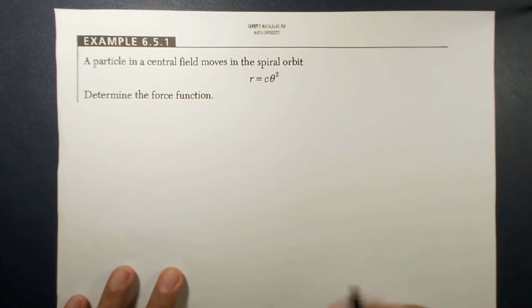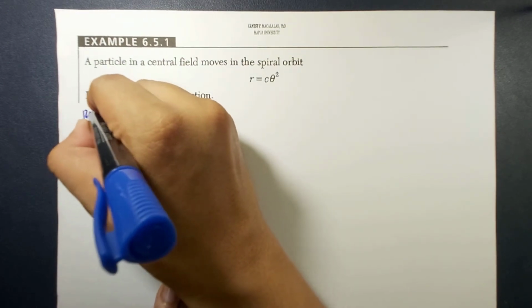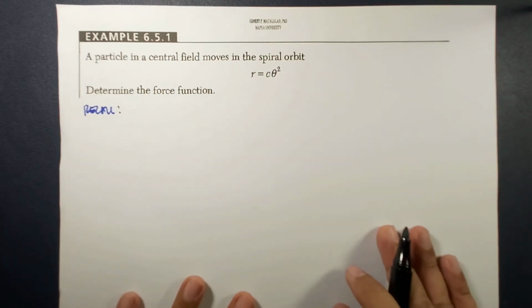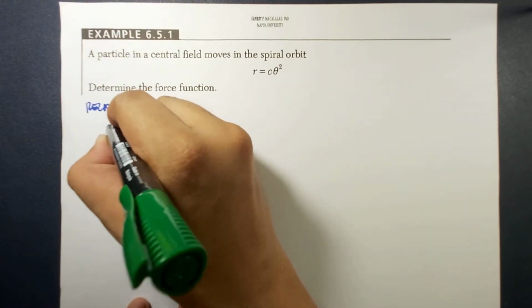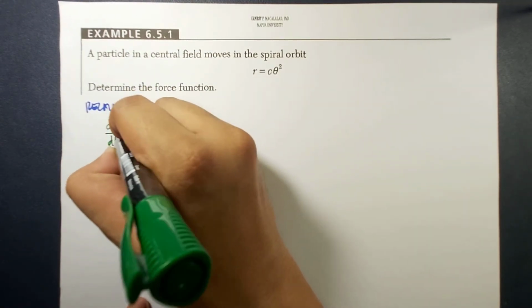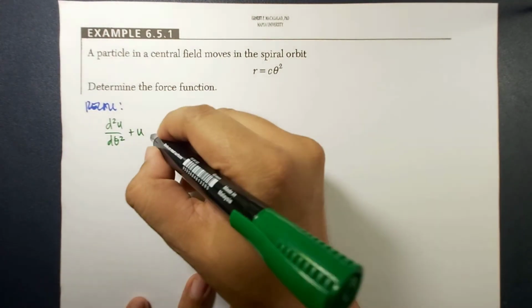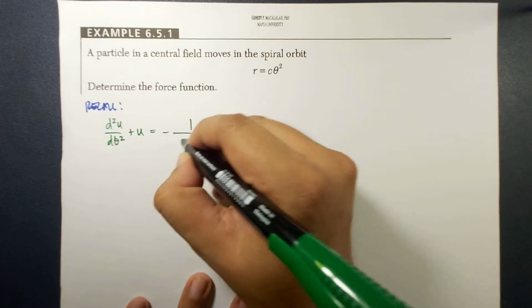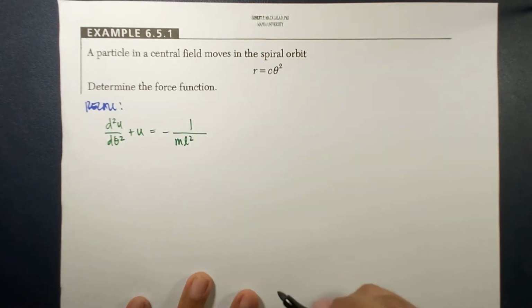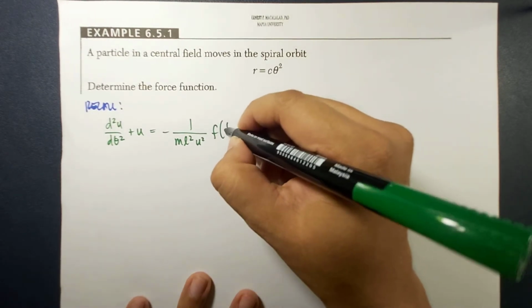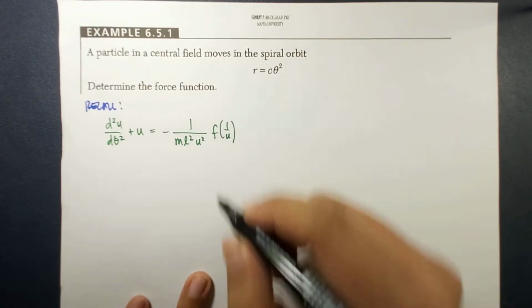So recall that the equation of motion under a central force field is written as follows. This is the second derivative of u with respect to theta plus u, and that is equal to negative 1 over m l squared u squared times f of 1 over u.